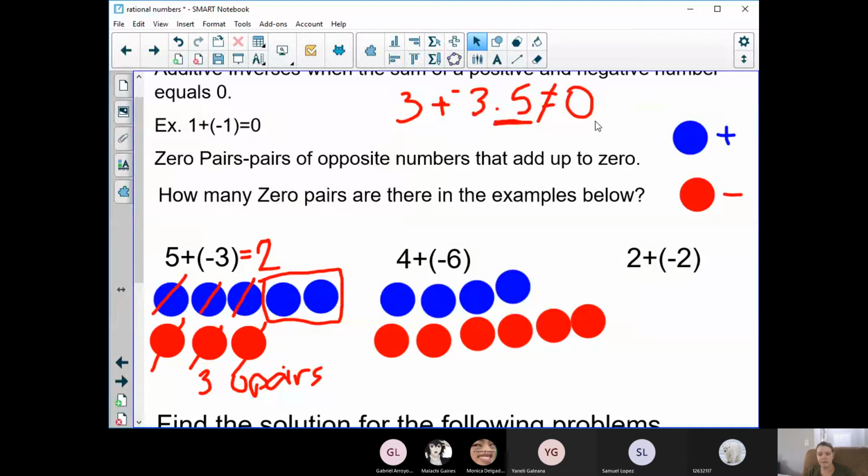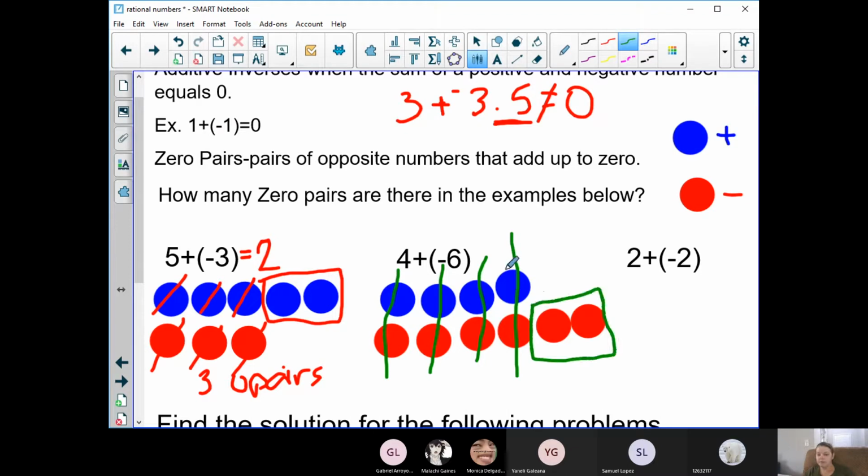Okay, Yariel says I have 4. Yaneli says 4. All right, let me see here. So I mark through those, 3, and 4, right. Okay, so we had 4 zero pairs. What do I have left over?